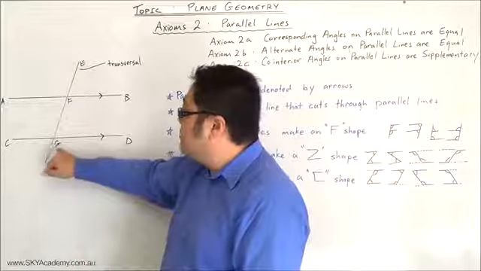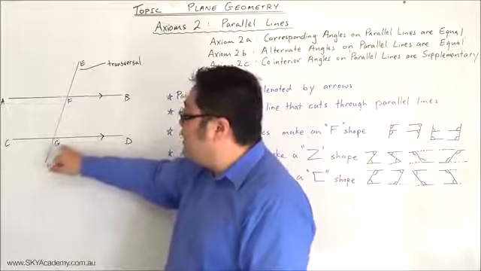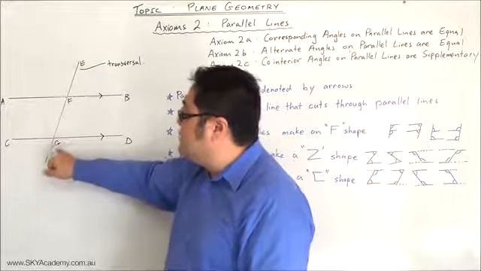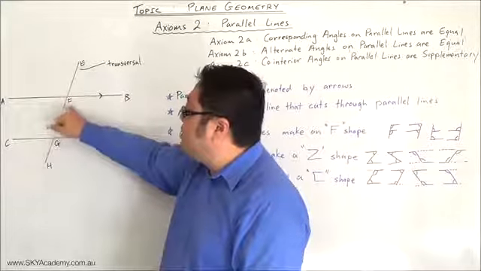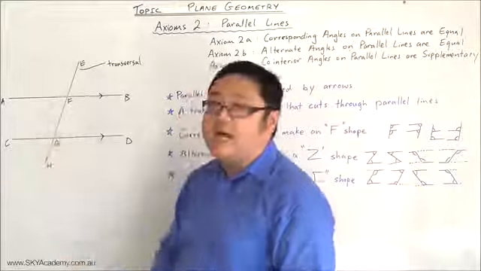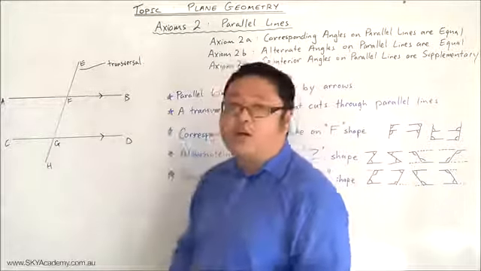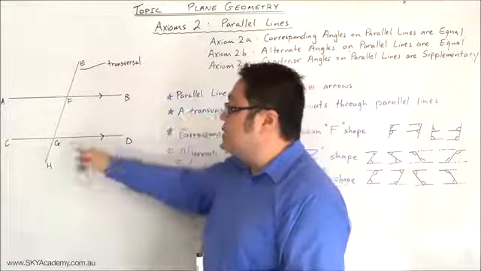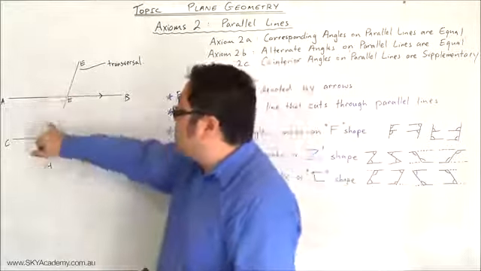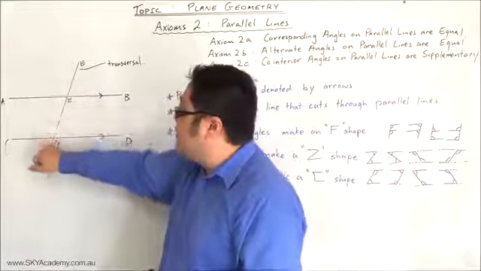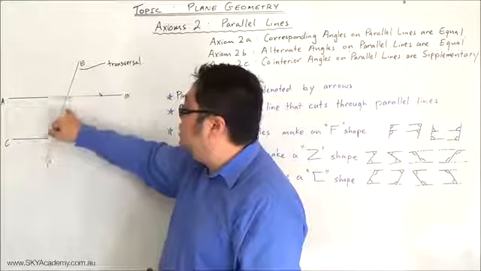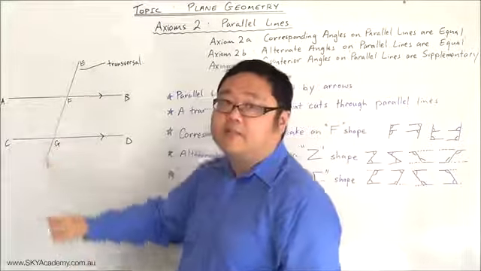Which means this angle G is corresponding to this one where the F lies. These two angles are corresponding. They're both on parallel lines. So the axiom tells us that we can assume that those two angles are equal. These two angles are also equal for the same reason, and these two, and these two.